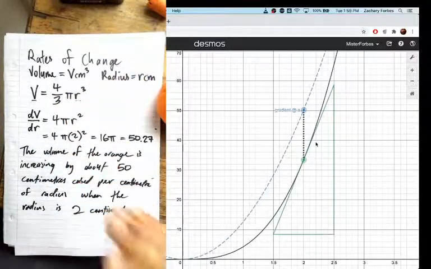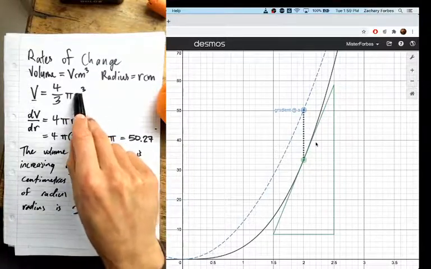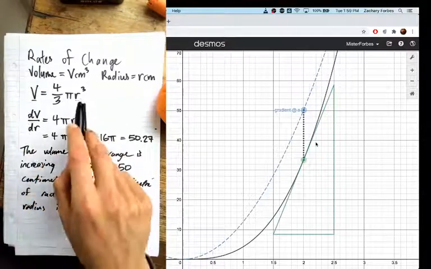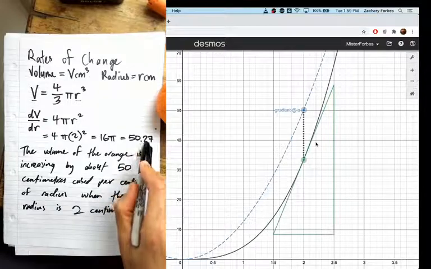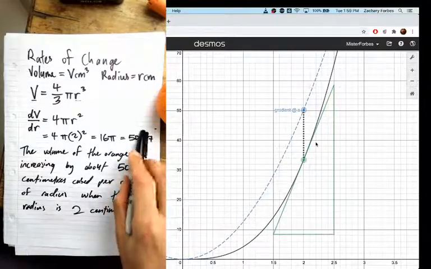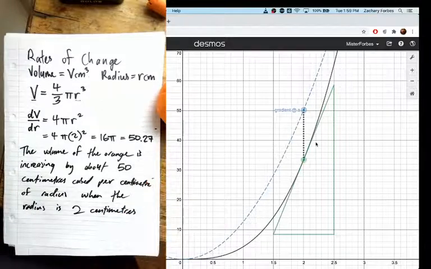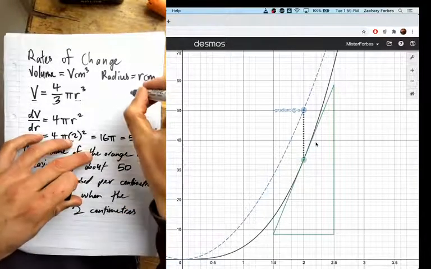But rates of change, all you really have to do is find out your input variable, then differentiate it, then substitute in that input variable, get an answer. So I got the answer 50.27, and then you need to put it in context with correct units. Honestly, a lot of the time you're going to be better off drawing a picture.